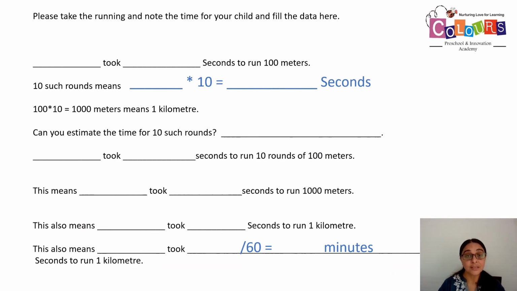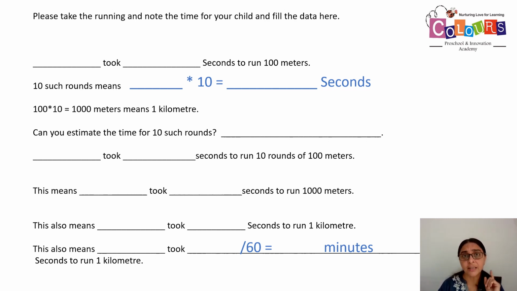So now this is your form. You need to fill this. Let your child run for first just one round and note that time. Then the child will estimate, and in the second line the child will fill in the data: I estimate that I will take this much time.